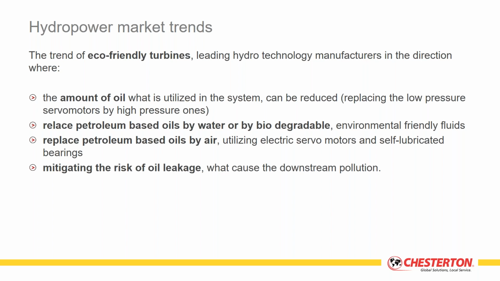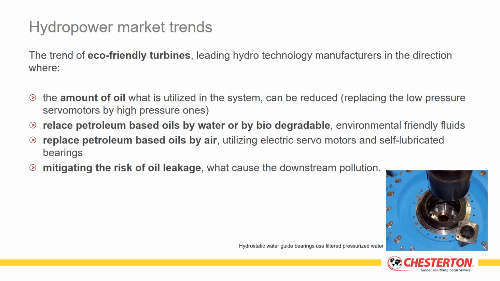And the last thing, however, is going to be the most important from the sealing technology point of view: everybody is moving in the direction of trying to mitigate the risk of oil leakage in order to reduce the risk of downstream pollution. Let me give you one example through the picture, where you can see a hydrostatic water guide bearing where they use filtered pressurized water.